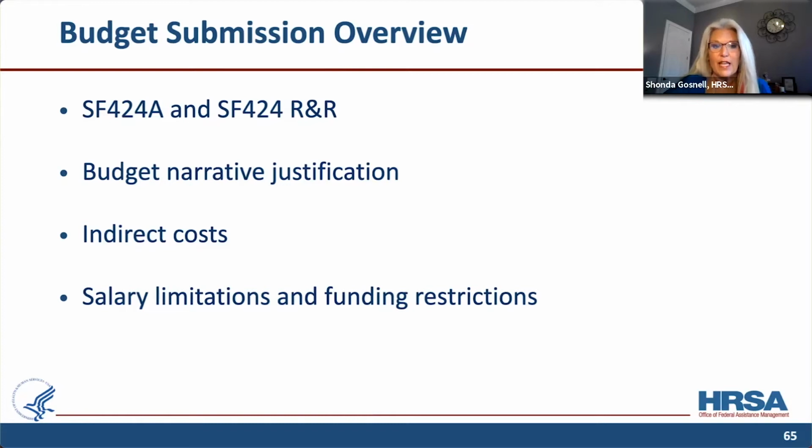The second application budget submission requirement is the budget justification narrative, which is different. There's not a template or a form provided for the budget narrative. However, the budget narrative should include, be consistent with, and justify each of the line item categories requested on your SF424A or SF424 R&R.